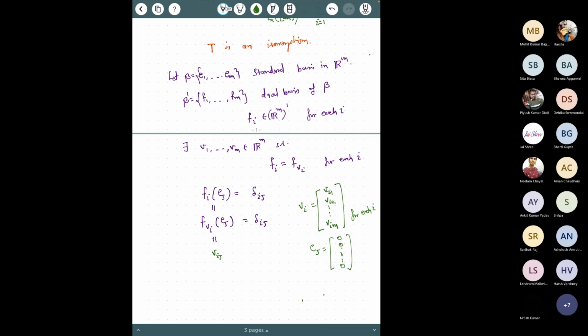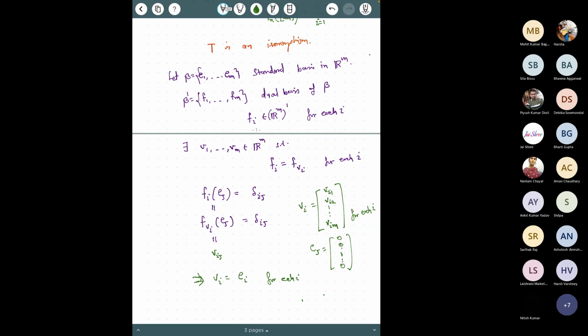Now can you tell me what it would be? This implies that Vij is 1 when i equals j and 0 for other i. So what would this Vi vector be? It's Ei, and this is true for each i.